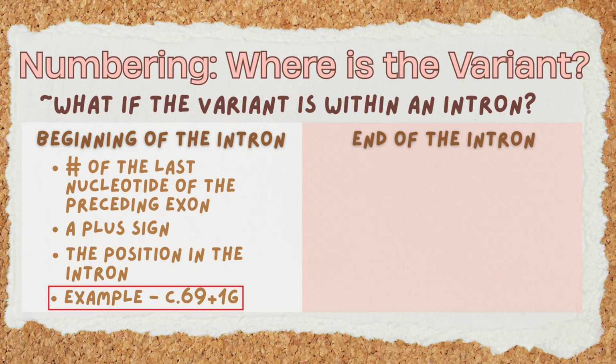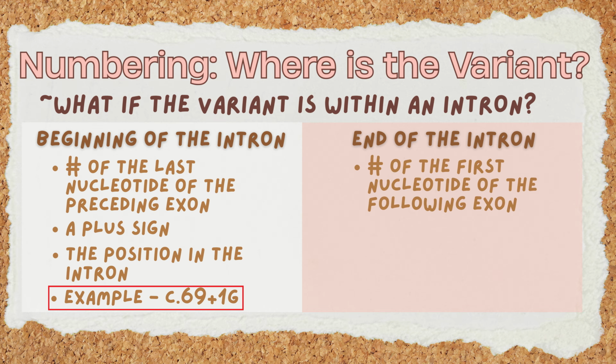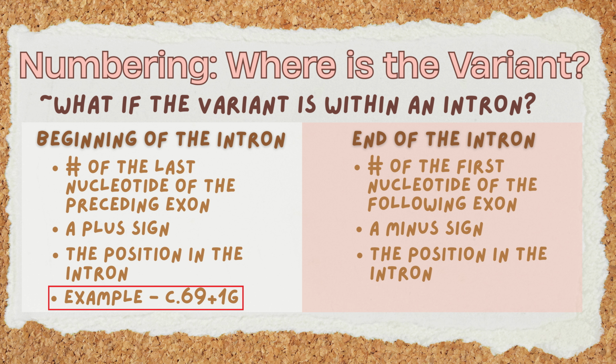The end of the intron is written as the number of the first nucleotide of the following exon, a minus sign, and the position upstream in the intron, like c.70-1G. This is especially important for splice site variants, which often occur right at these boundaries.